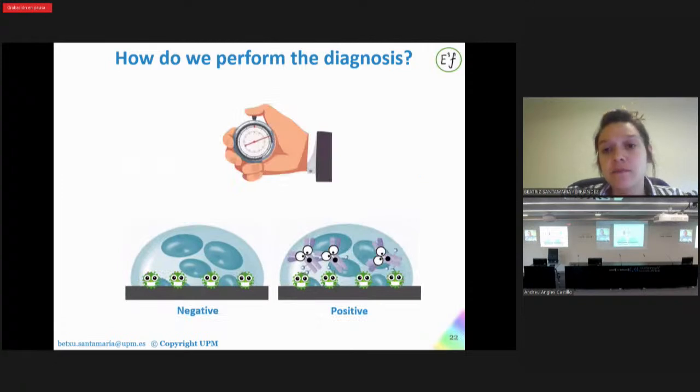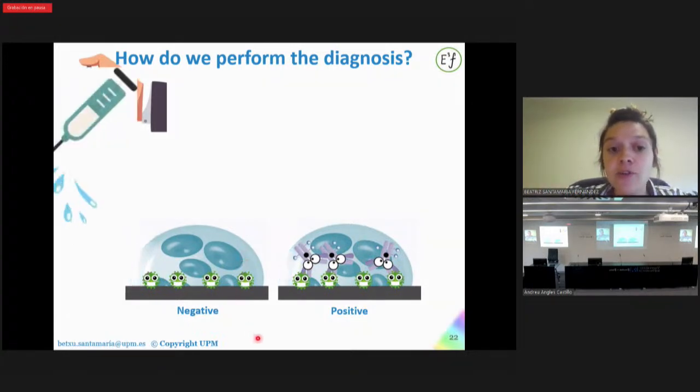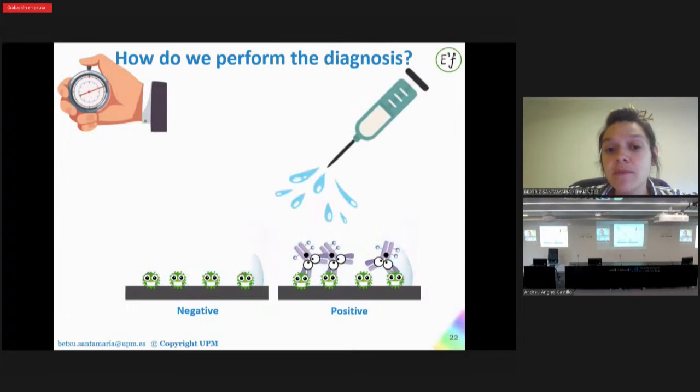We give those samples 13 minutes to produce the biological interaction between the virus proteins and the antibodies, and later on we wash them to remove the interference of the rest of the proteins that are included in the saliva.